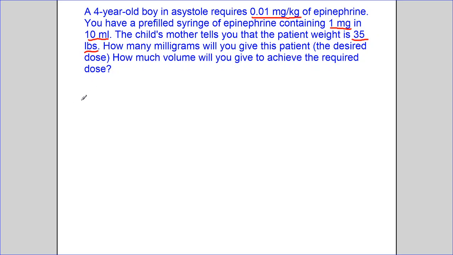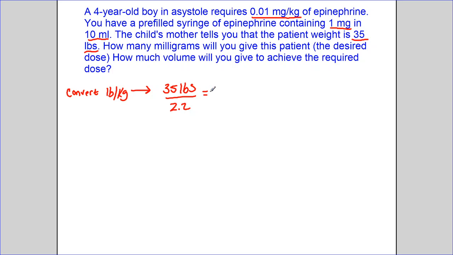Okay. So we know we're given a weight-based drug, so let's do the math for the weight. Convert pounds to kilograms. All right, so 35 pounds, and we'll divide that by 2.2.